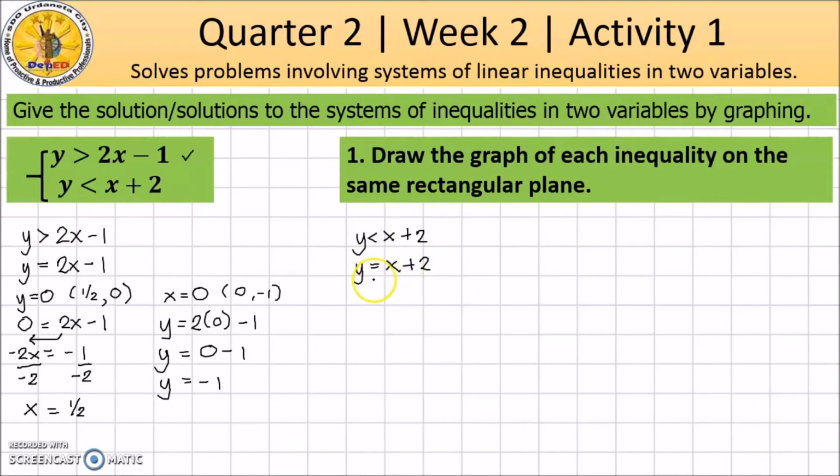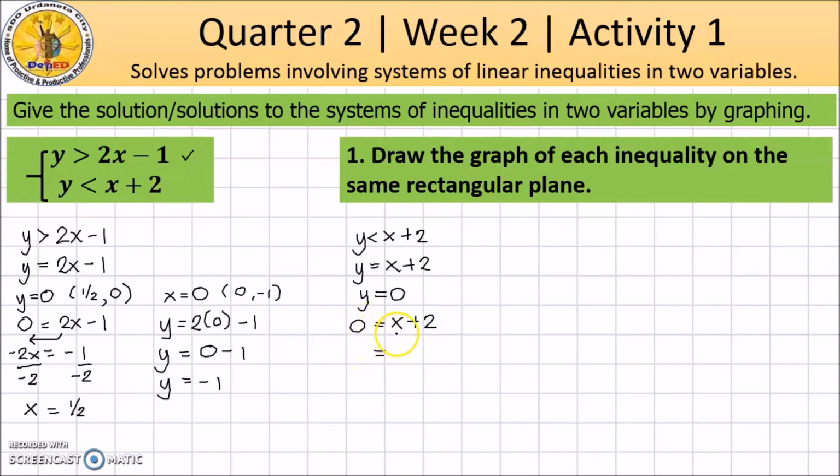To solve for the x-intercept, just like what we did on the first linear inequality, we're going to let y be 0. And we're going to substitute y in this equation by 0. So we have 0 is equal to x plus 2.